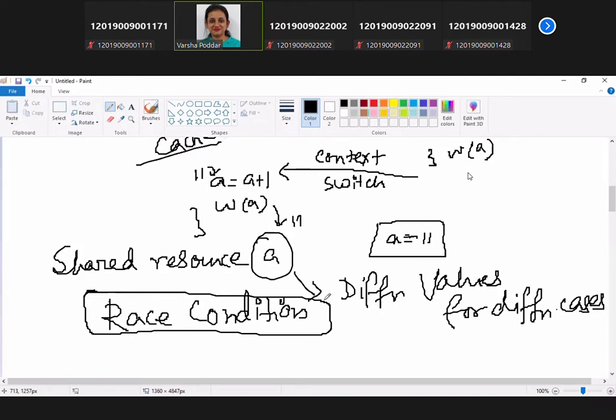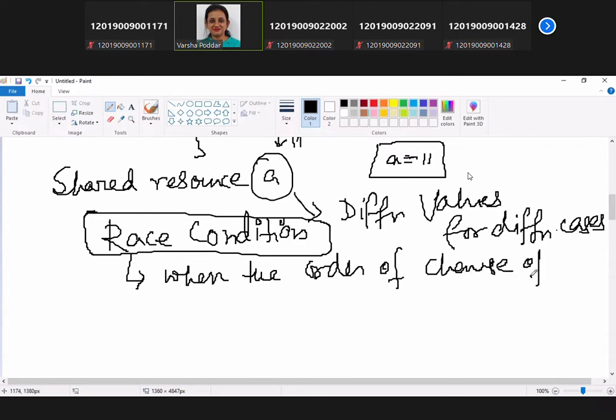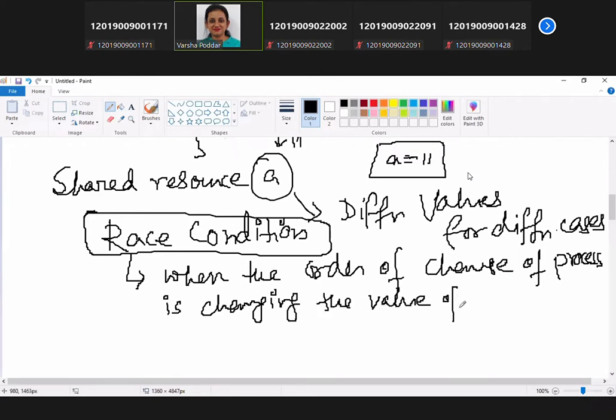If you go by definition, you can find many difficult things, but race condition is simply when the order of change of process, or you can say instruction, changes the value of the output of the shared variable. It is named the race condition.